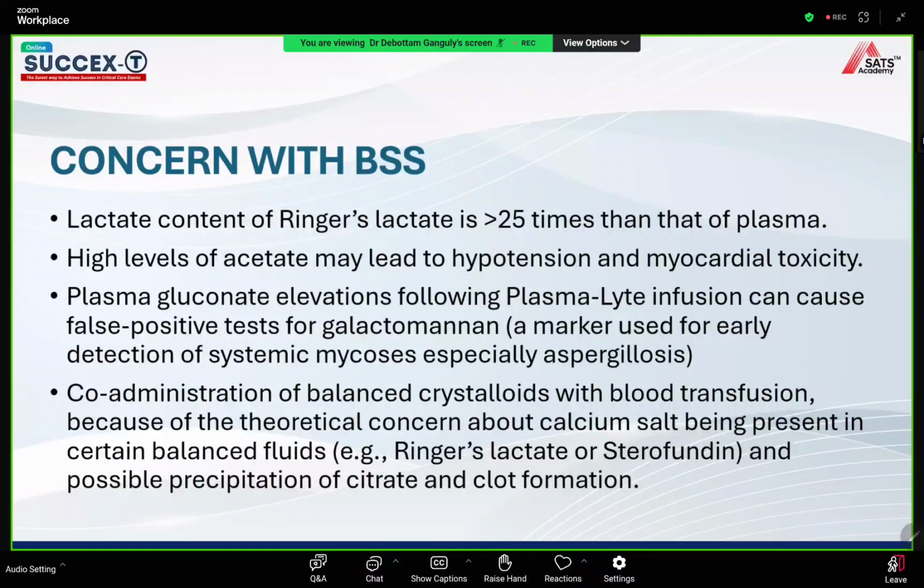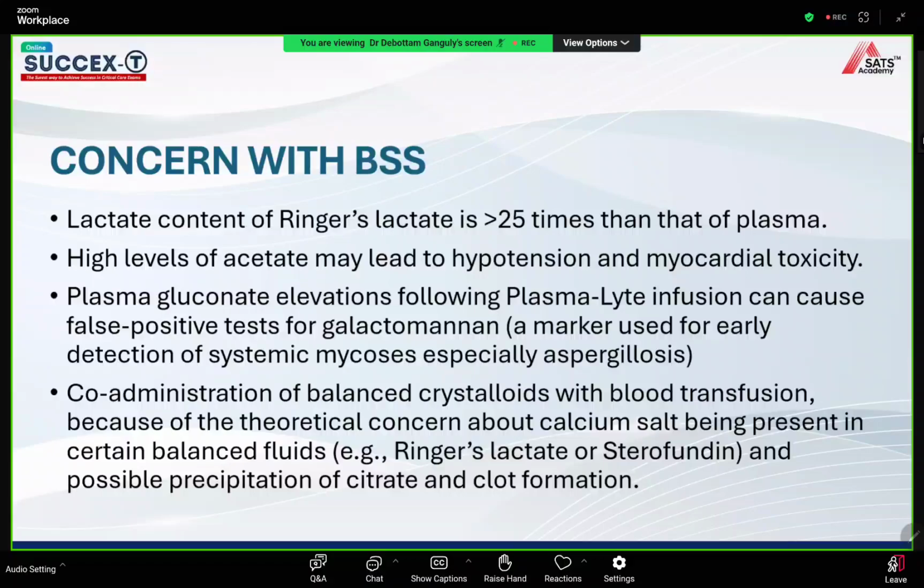The lactate content of Ringer lactate is 25 times more than that of plasma. A high level of acetate may lead to hypotension and can cause myocardial depression. Plasma gluconate elevation following Plasma-Lyte infusion can lead to false positive tests for galactomannan.